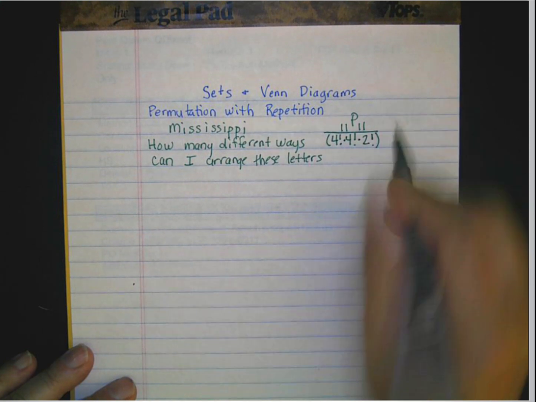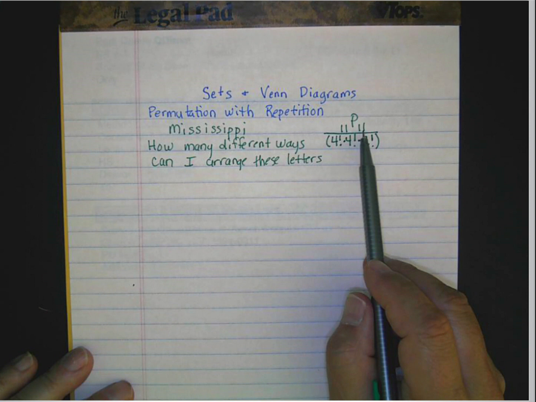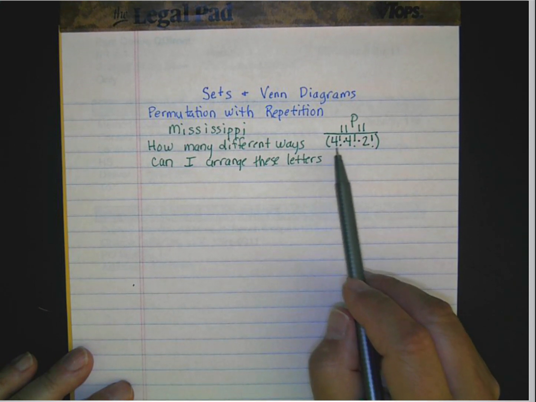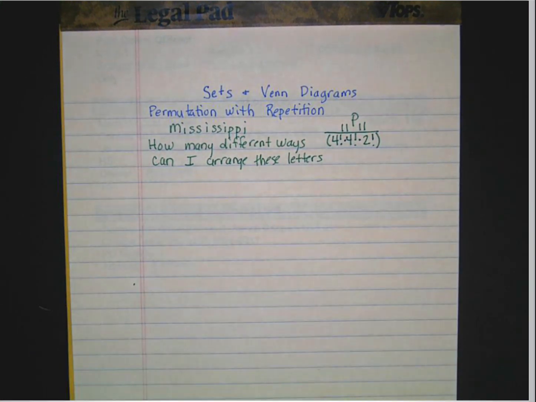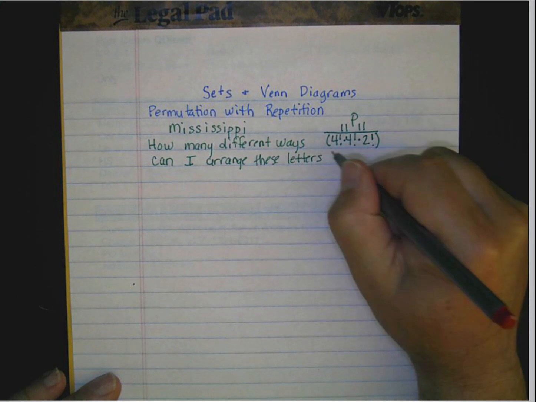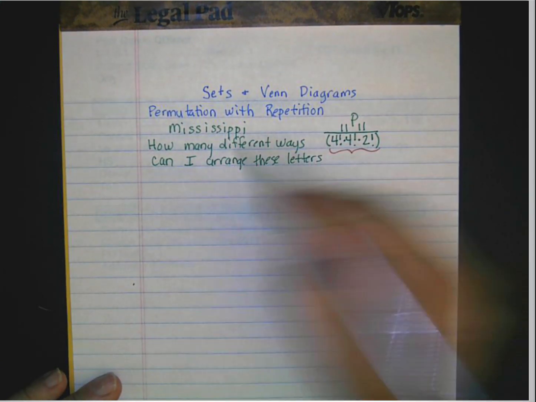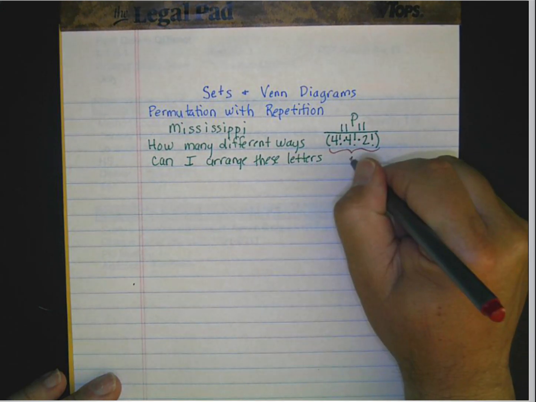So what you have to do is the 11P11 permutations, but then you have to divide it by 4 factorial. Remember, 4 factorial is 4 times 3 times 2 times 1. So these are the repeats on the bottom. You have to divide by the number of repeating terms. Because, again, this S is the same as this S. It's not going to change the way it is. Those are your repeats right there.